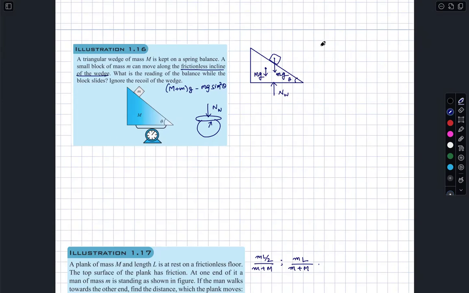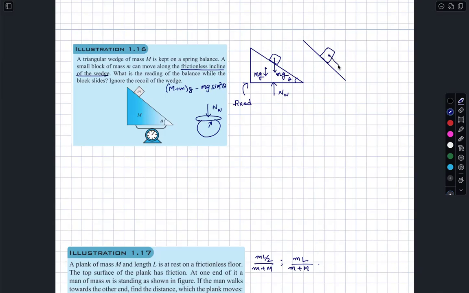Right? Now you draw the free body. Please try to understand. So the wedge won't move, this is fixed, but the block can move.